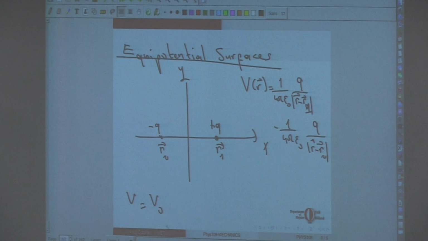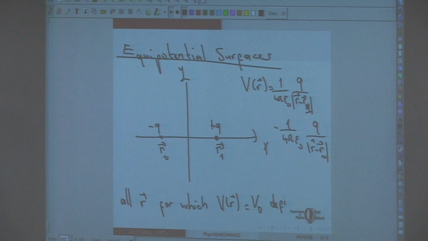Let me define it like this: all the R for which V of R is equal to V0 defines a surface. Now, the important thing about this surface is that at every point on this surface, we have the same potential, V0. This is what we call the equipotential.